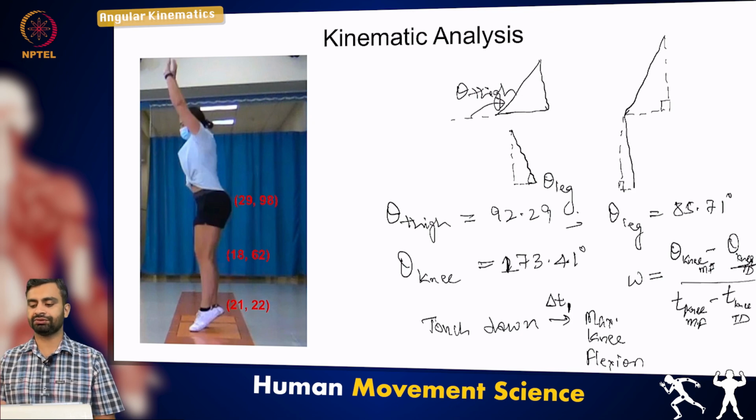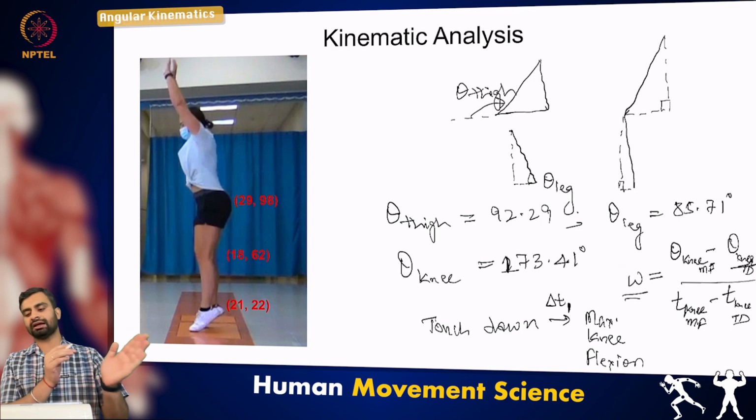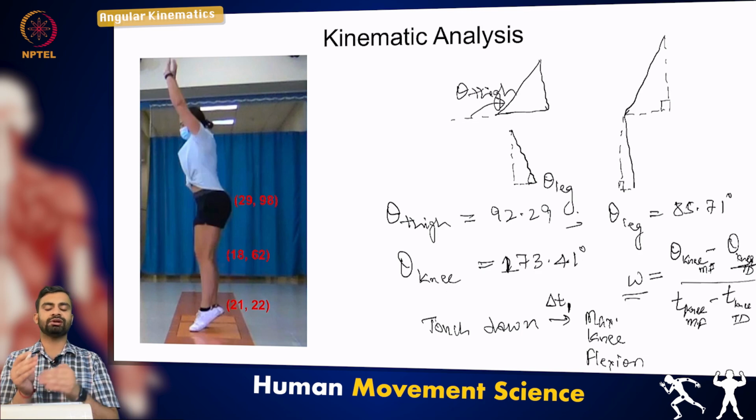So that will give you the value of angular velocity. And similarly, if you know the angular velocity at touchdown and maximum knee flexion and the time interval, then you can calculate the angular acceleration.